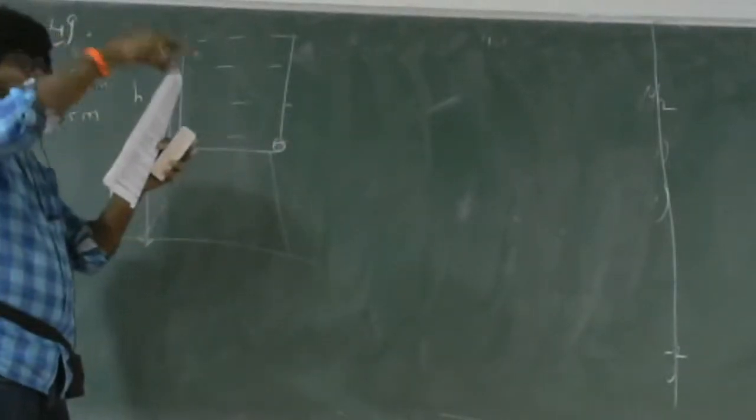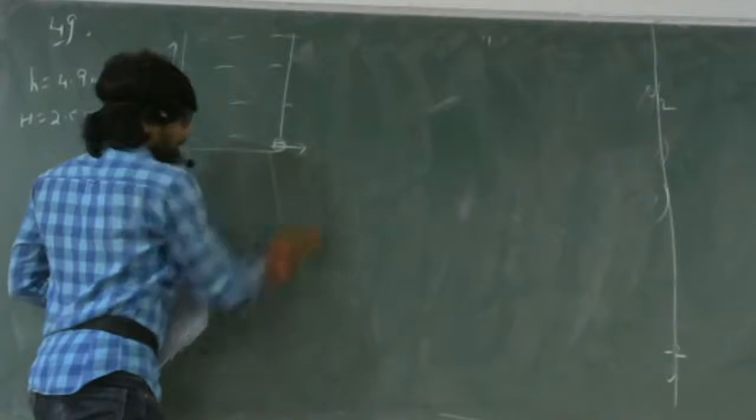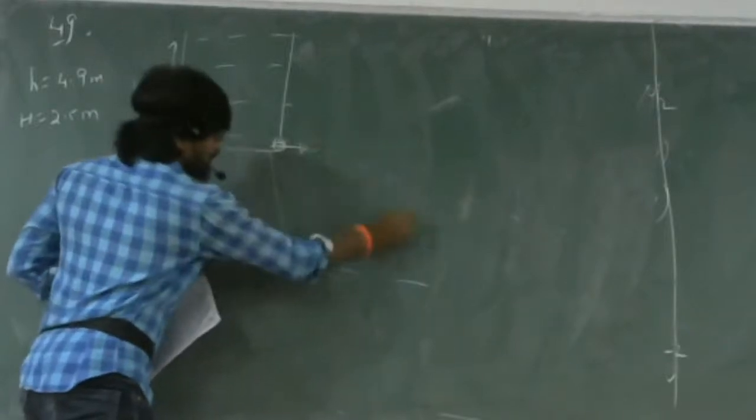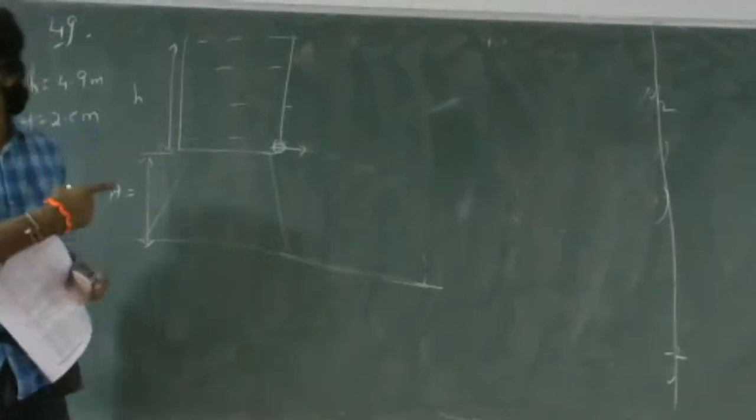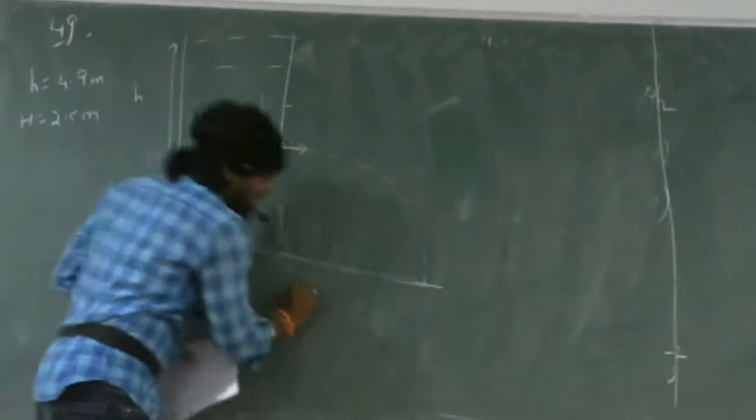The horizontal distance at which water touches the ground is asked. Once the liquid comes out, it strikes the ground somewhere here. At what horizontal distance does it strike the ground?